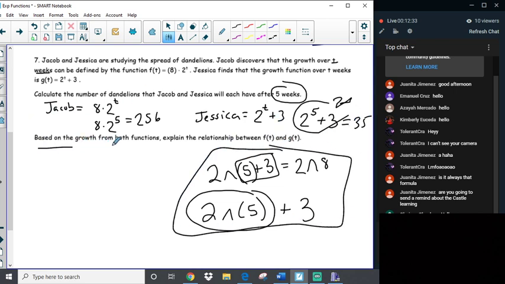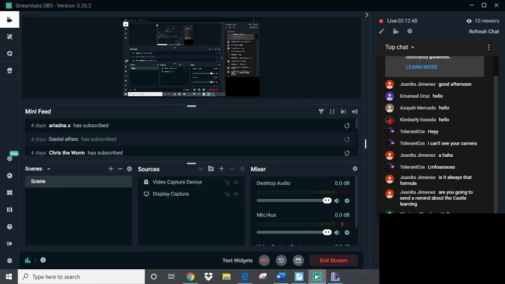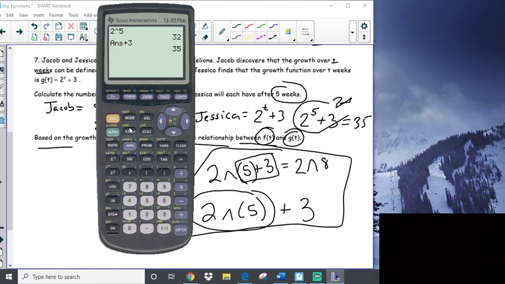So based on the growth from both functions, explain the relationship between f of t and g of t. So now, this is where it's going to really come into play. They're asking me to compare their two growths. We're going to graph it. So let's graph it. If I go to y equals, the first one was 8 times 2 to the x power.